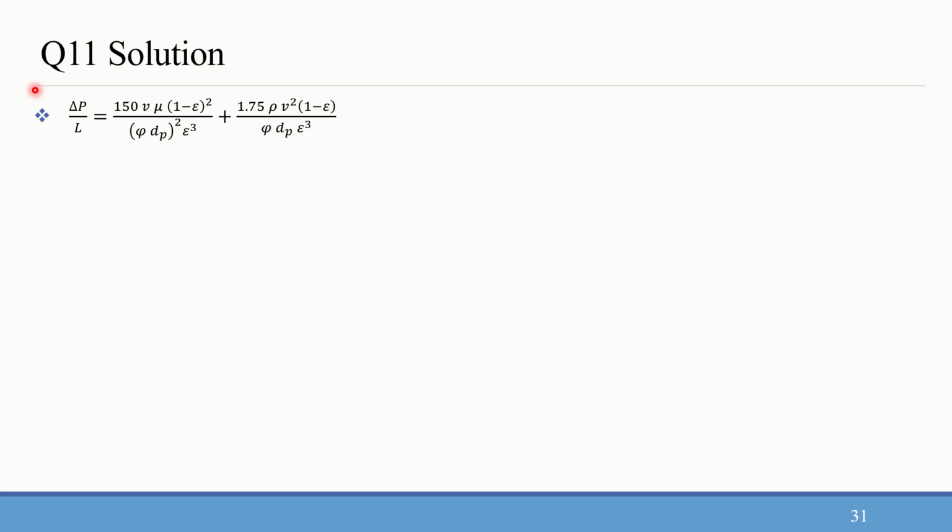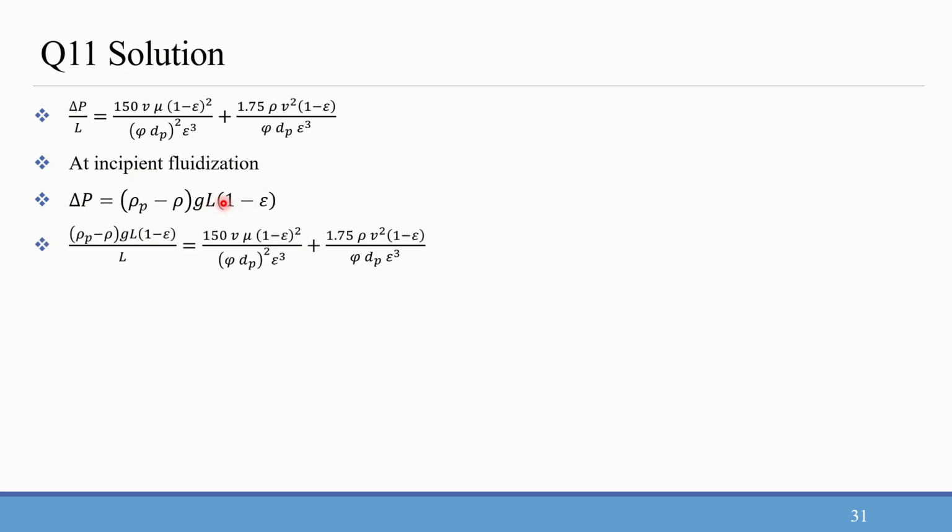Now the bed is moved to minimum fluidization condition. So at that point, delta P becomes (rho P minus rho) into g into L into (1 minus epsilon). So now we are substituting this back in the equation. So that becomes (rho P minus rho) into g into L into (1 minus epsilon) is equal to, the rest all the things remain the same.